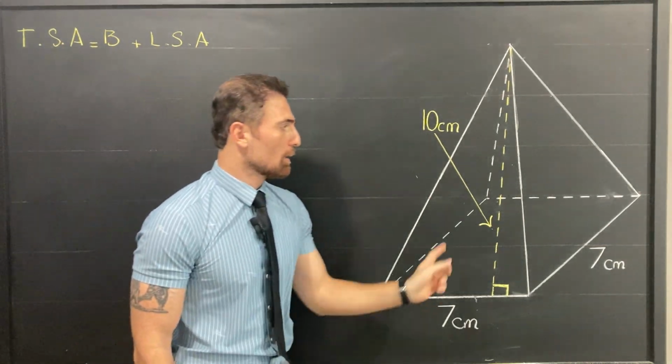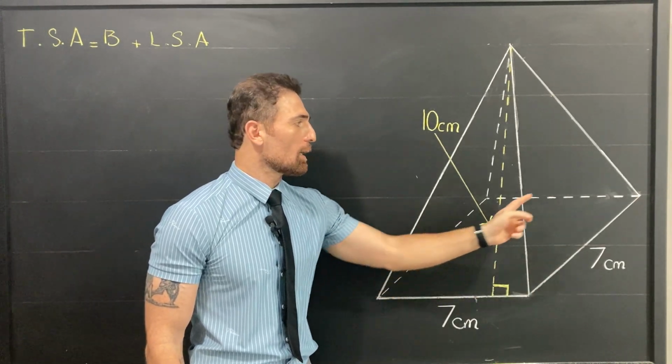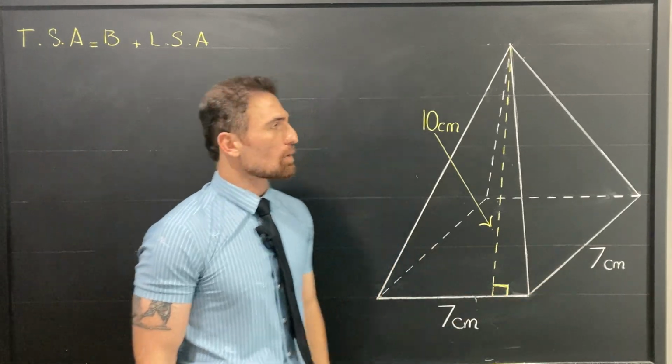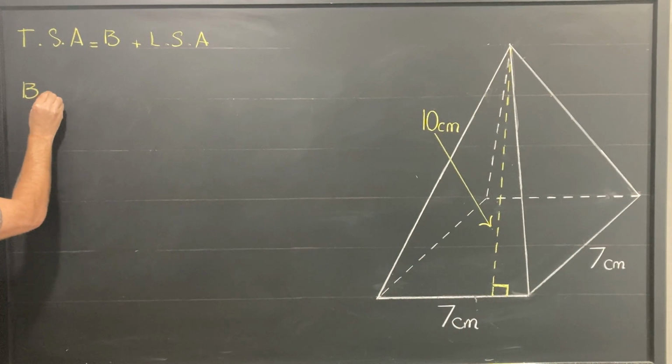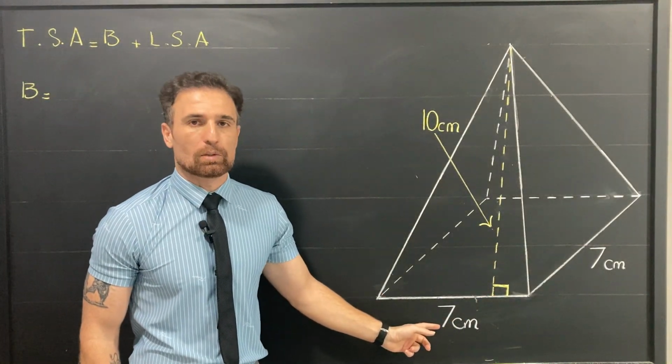In this example, the base of the pyramid is a square. As you know, the area of a square is the length of a side squared. So let's write it. The length of the square is 7 centimeters.